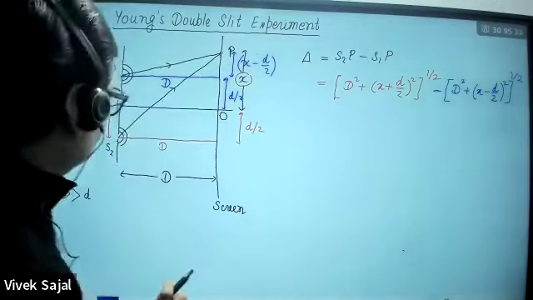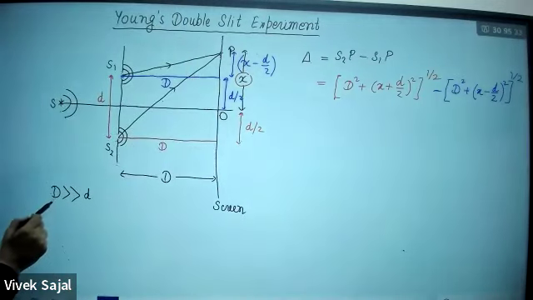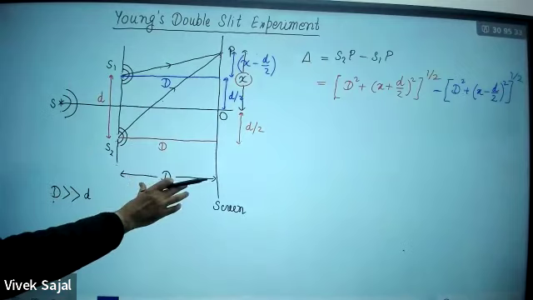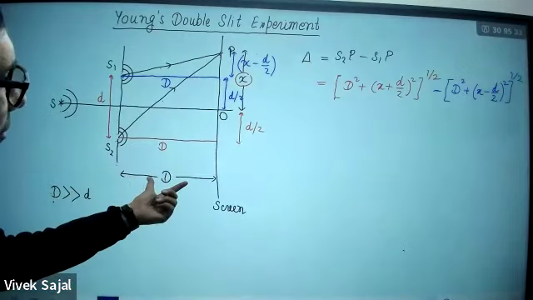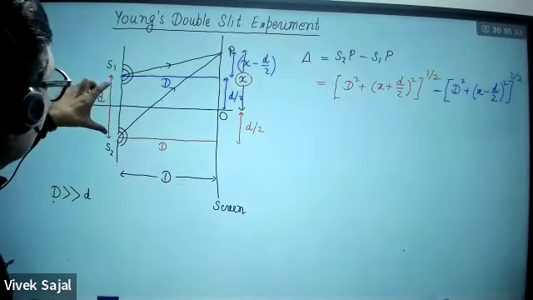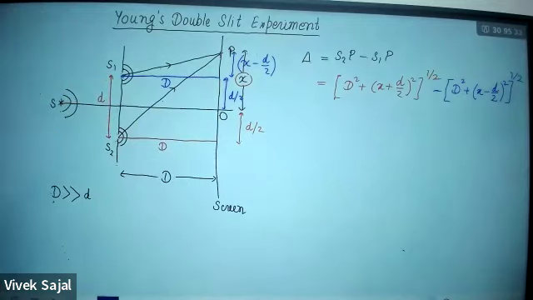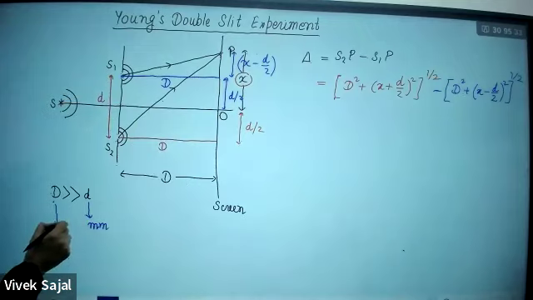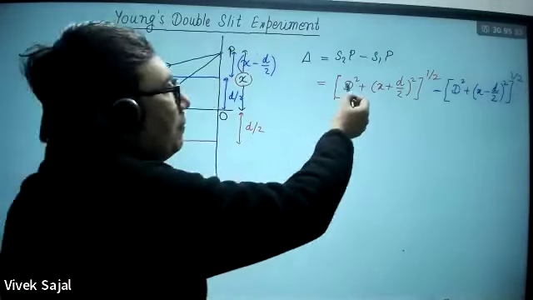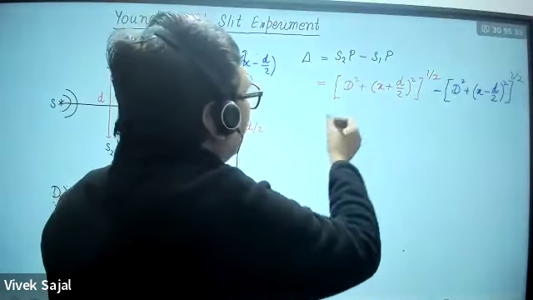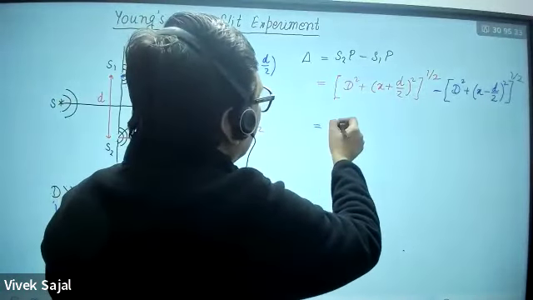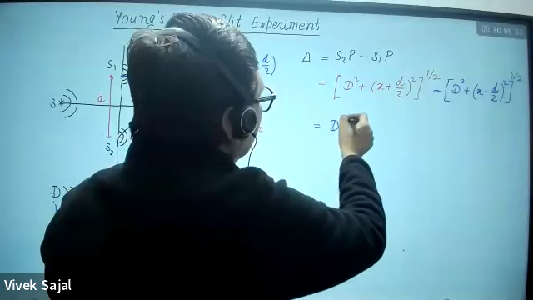Here I am using this condition. This capital D is this distance, in meters. Try to understand, this will be in meters, and this small d is in millimeters. If I take D square common, then D will be out.